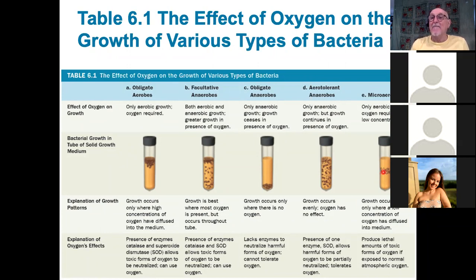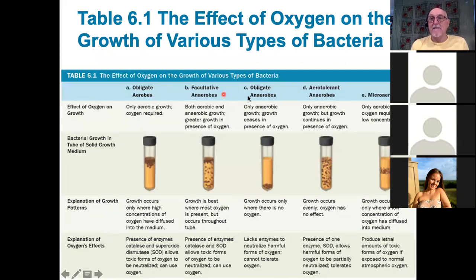And for this reason, there are those microaerophiles which we would find as pathogens. They are perfectly able to survive under low oxygen concentrations, but not under very high oxygen or the absence of oxygen.